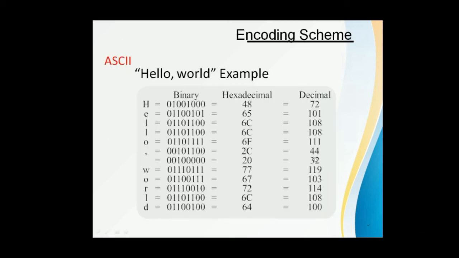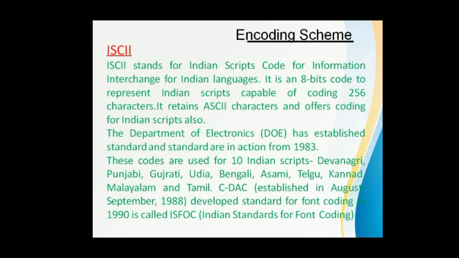We can refer to the ASCII table to get the decimal and binary representation of any code.